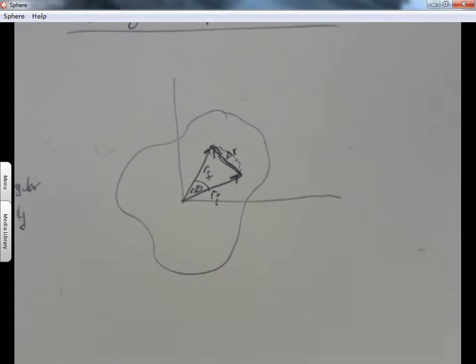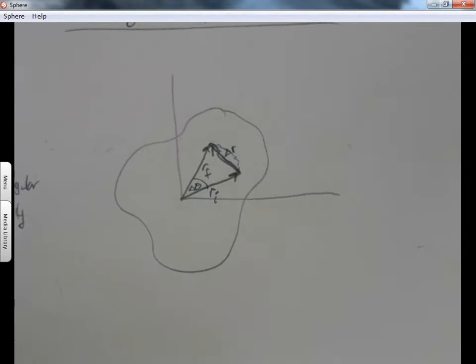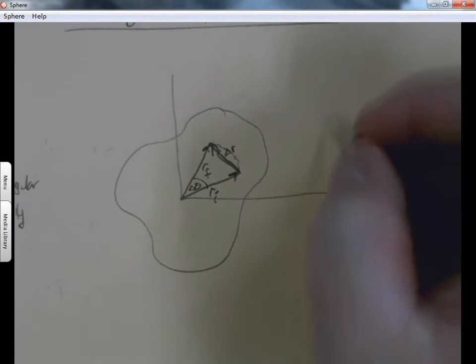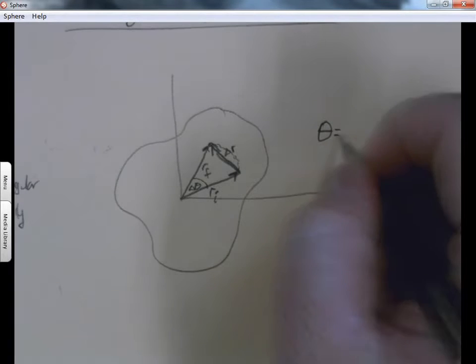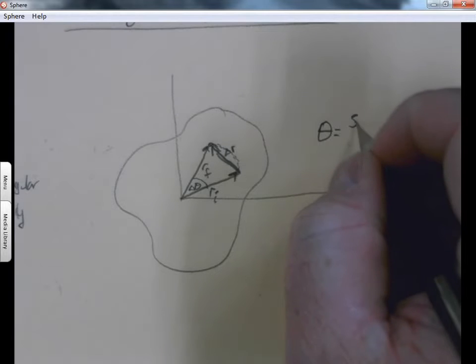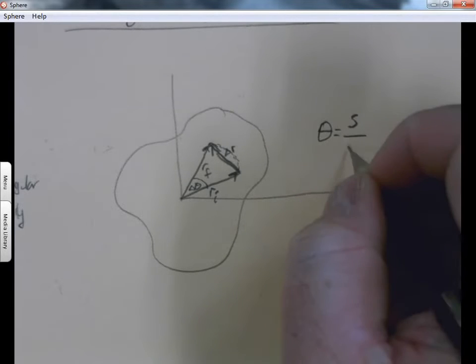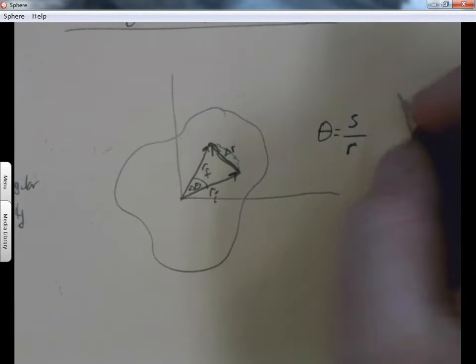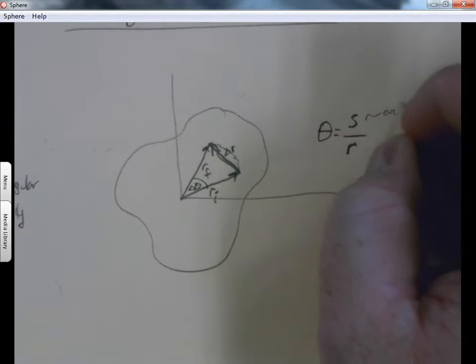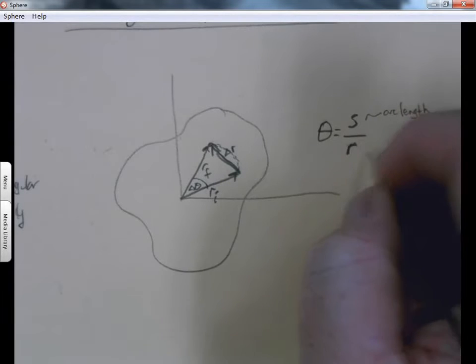Okay, so if you take an actual length of radius and put it on a string and you wrap it around a circle, the angle that marks out is our 1 radian. We do a general term with that, so our theta is equal to our arc length divided by our radius, where this is arc length and this is radius.